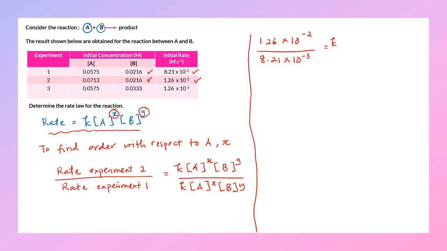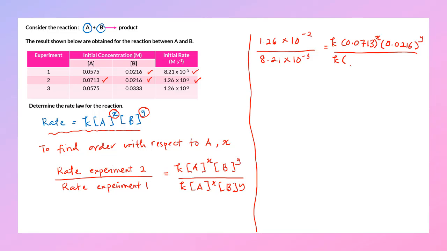The concentration of A for experiment 2 is 0.0713 to the power of X, times the concentration of B for experiment 2, 0.0216 to the power of Y, divided by K for experiment 1. Actually, it is the same value because the reaction occurs at the same temperature.